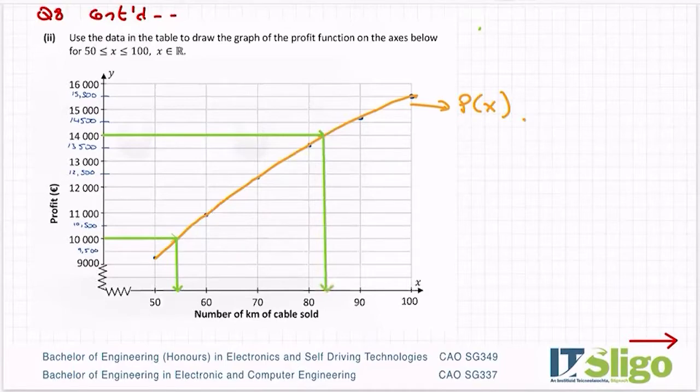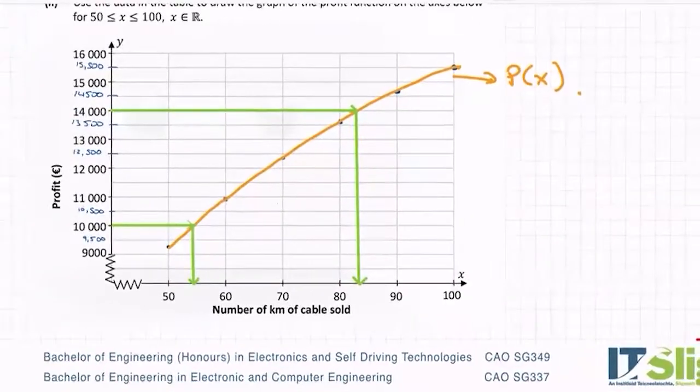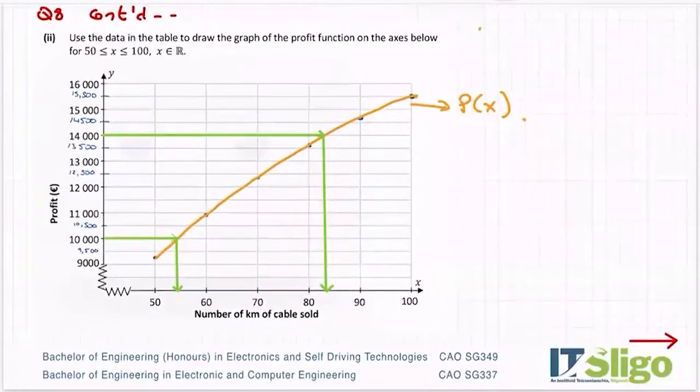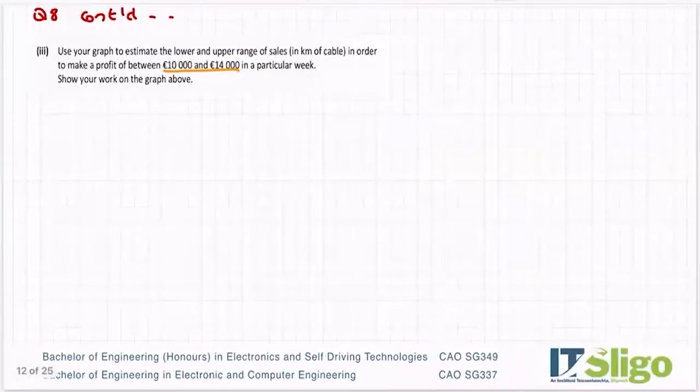Now you don't particularly need the arrows. I'm just showing you how I'm reading it. So how many kilometres of cable need to be sold so that I have a profit of between 10 and 14? Well, that looks like 55. And the other looks like about 85, something like 83. So 55 to 83.